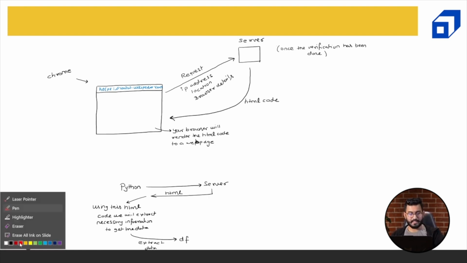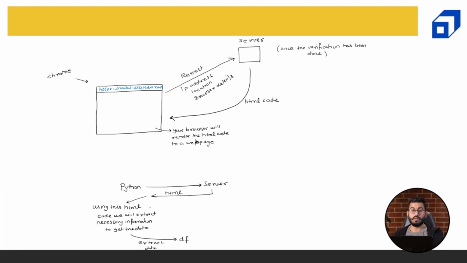Now, in order to carry out this process, we need two libraries. In order to create a request, in order to send a request from Python to the server, we need a library known as requests. So the library requests will help Python to send a valid request to the server, and then server will return the HTML code. Now we need another library over here which is known as Beautiful Soup.